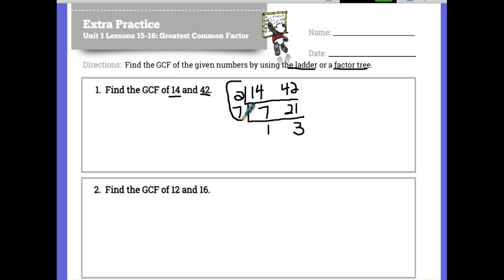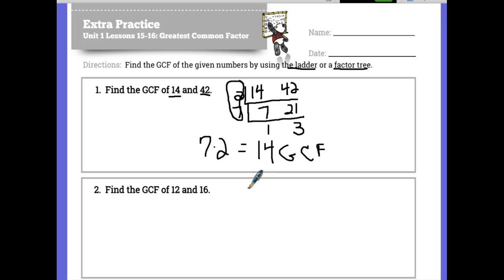So our strategy says I'm going to circle the 7 and the 2, and I'm going to multiply 7 times 2, and that's 14. So my greatest common factor for 14 and 42 is 14.